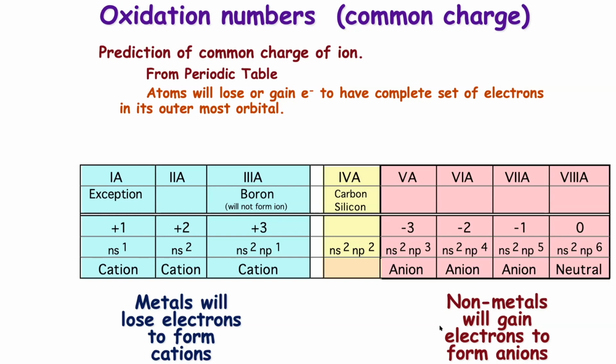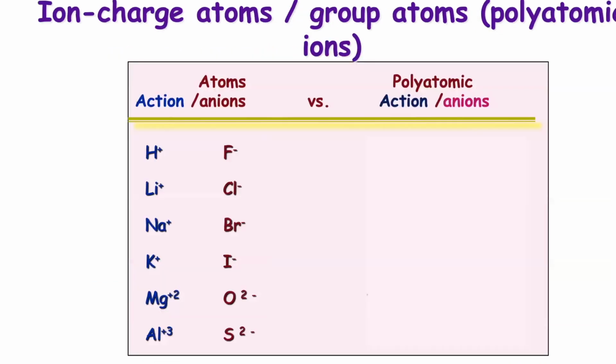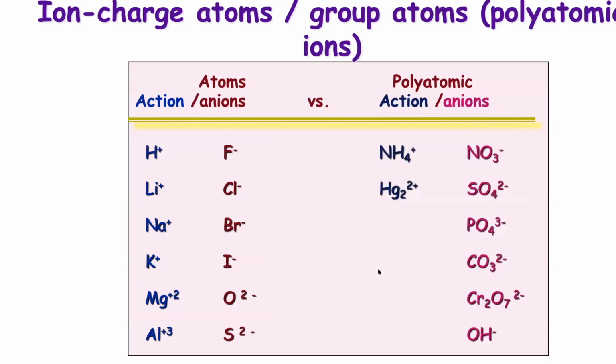So you know how to determine charge by something called the octet rule. The elements want to give up, gain, or share until they have 8 electrons in their outermost shell. These are common ones, but sometimes you have a little bit of complication.